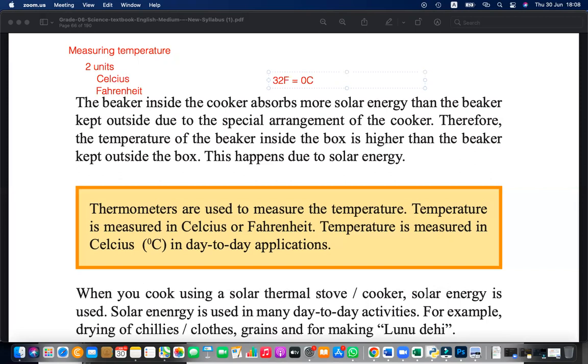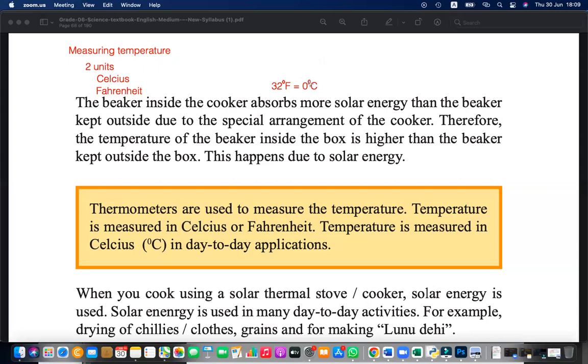Basically, we put a small symbol like this in front of Celsius, and in front of Fahrenheit also we put that small symbol. 32 Fahrenheit is equal to 0 Celsius, and there is a small unit mark like this.